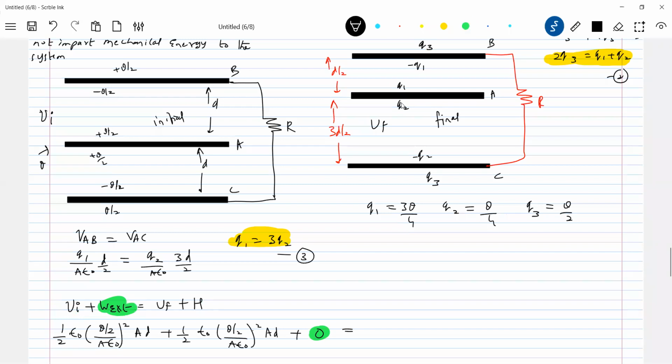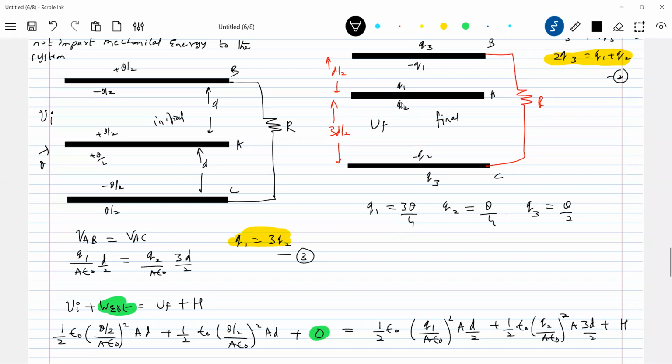Okay, now what is UF? UF will be half epsilon naught Q1 by A epsilon naught whole squared into A into D by 2, plus half epsilon naught Q2 by A epsilon naught whole squared into A into 3D by 2, plus heat.